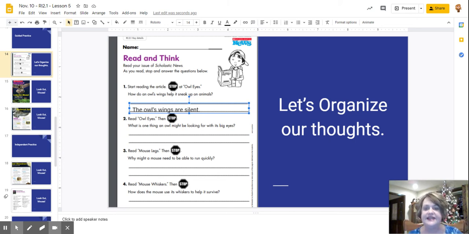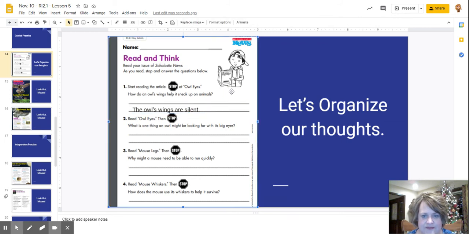So if your leader, your person that is with you today for the lesson, if they will just hit the pause button for just a second, you can highlight that in your text and you can copy it off of the board from our lesson. So if your leader will go ahead and pause, I will wait, and you can take a minute, 60 seconds, to write the owl's wings are silent.